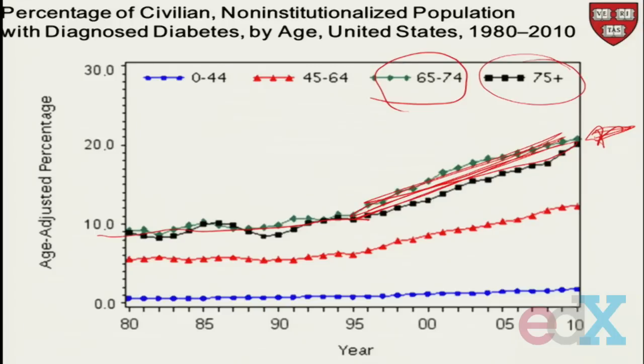And the same is true for the middle age group, the 45 to 64 age group: a gentle increase until about 95, and then a faster pace of increase. And the young group, the 0 to 44, have a much more gentle, almost flat increase, but there's a little bit of an increase there nonetheless.